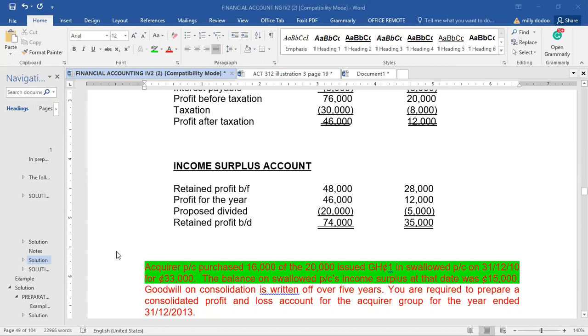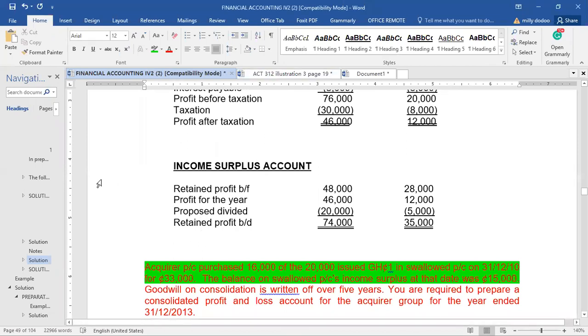Okay. Who else? Williams. Okay. So your book is 5,000, it is correct.